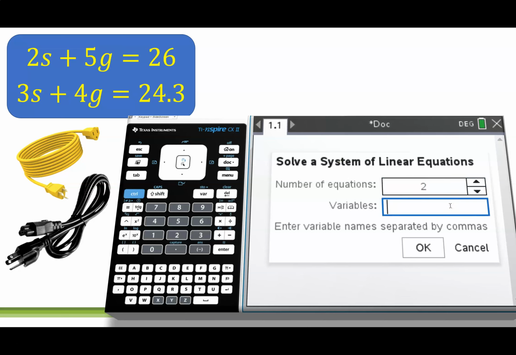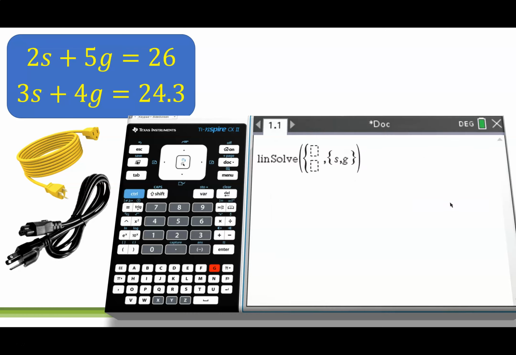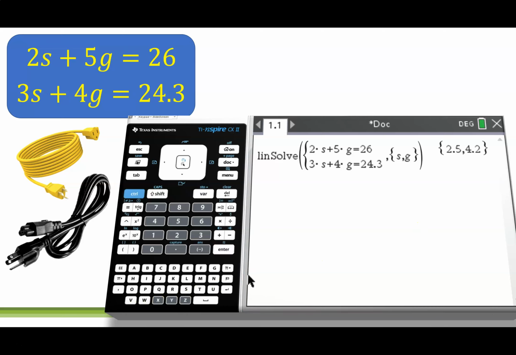The variables are S and G, and so we're looking for that information on the next screen, and I just type in the information that's in that blue rectangle in the upper left corner. 2S 5G is 26, and 3S and 4G is 24.3. And I can see, therefore, that the short cable is 2.5 meters long, and the long one is 4.2 meters long. And let's see where that takes us now.